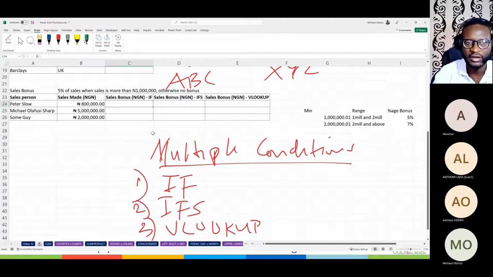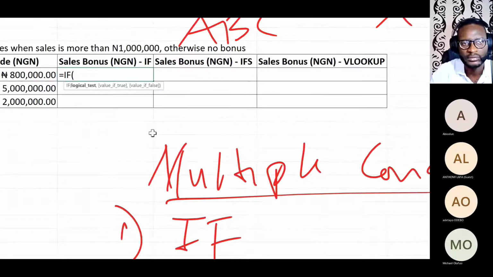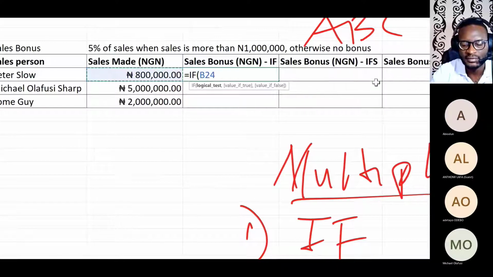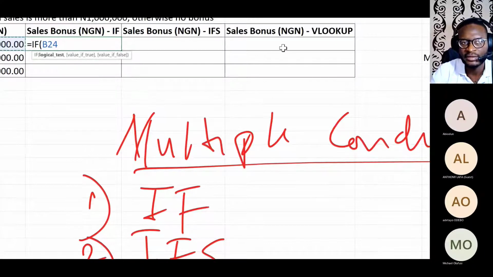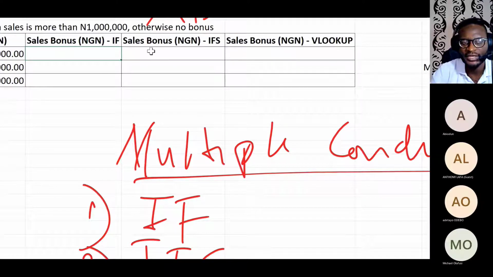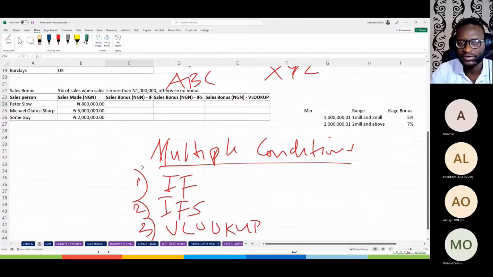With if, it's what we call nested if. So if this is, so one thing I tell people is that when you are nesting ifs, always start from an extreme.